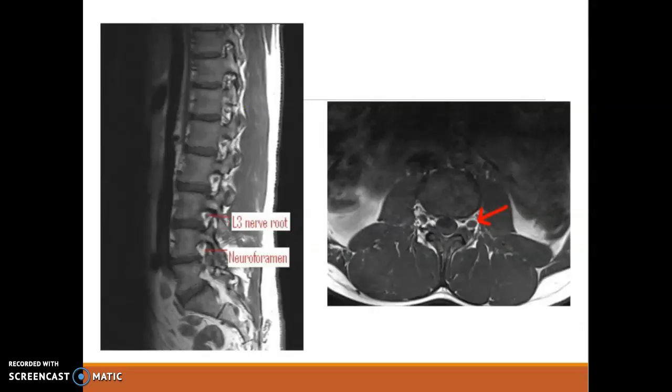Looking at the MRI scan shown here, you can differentiate between the L3 nerve root, and you can see the neuroforamen, and again here, these little sections that you can see. So depending on your sequencing, you can see aspects of the spinal detail in really quite specific detail.